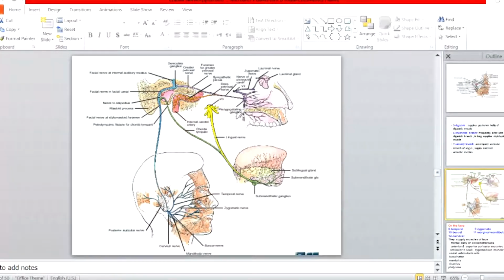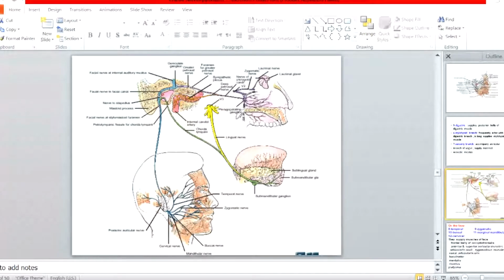Now, as I said, it contains 4 components. The sensory component, in its course in the bony facial canal, in this S-shaped canal, passes through the ganglia. The ganglia is a collection of neurons outside the central nervous system, which we call a nucleus inside the central nervous system. This is a sensory ganglia.